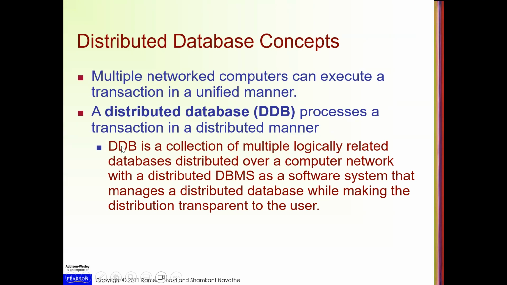We mean that the distributed database is a collection of multiple logically related databases which are kept on different computers connected through a network in a distributed fashion. It has a software system that manages this distributed database while making the distribution transparent to the user.